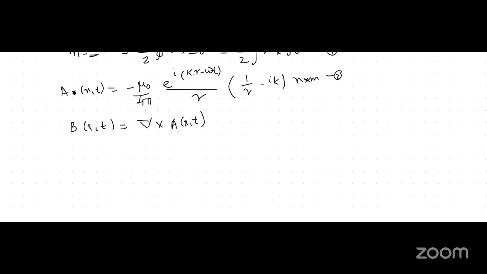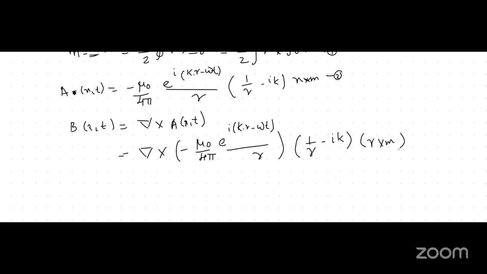Here, in place of A of x,t, we write this entire equation: minus mu naught by 4 pi, exponential of i(k dot r minus omega t), divided by r, into 1 by r minus i k, into r cross m.